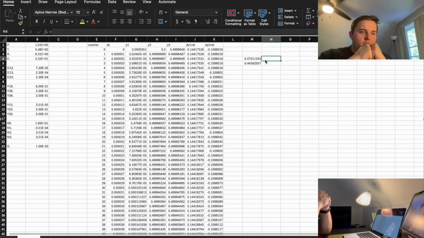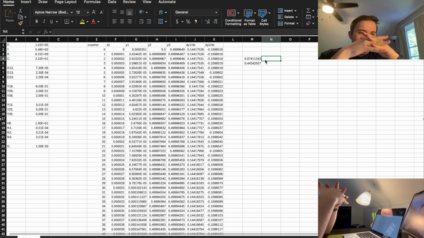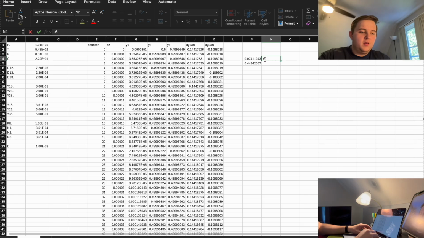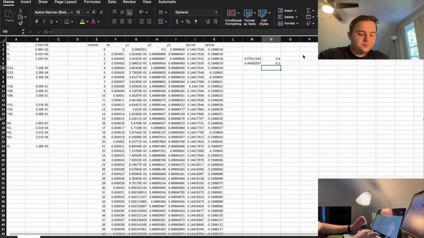So that looks good, and then you don't need our I-1002. So that's going to be 0.6 of our total, and we said this would be 0.2 of our total.